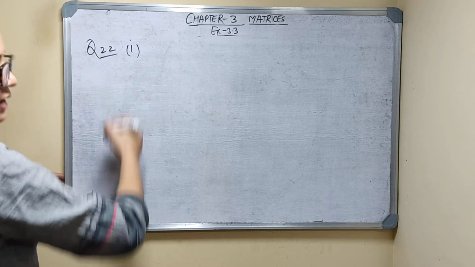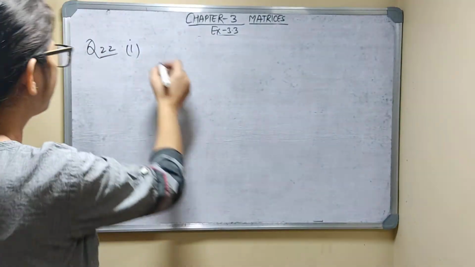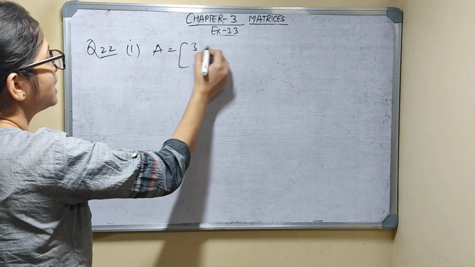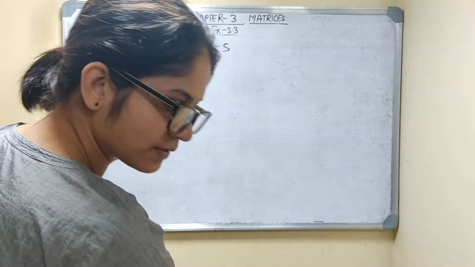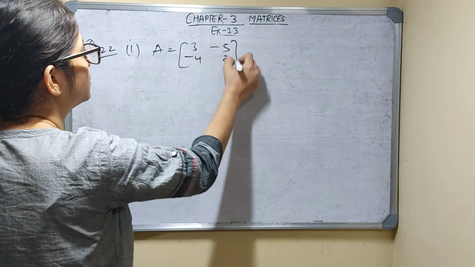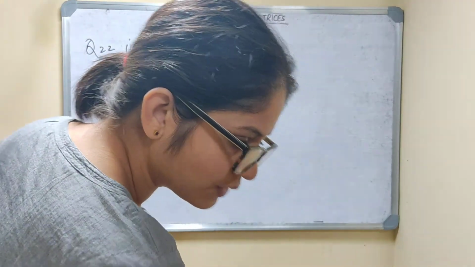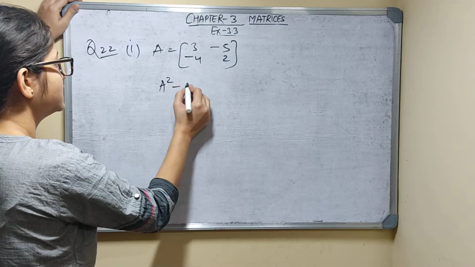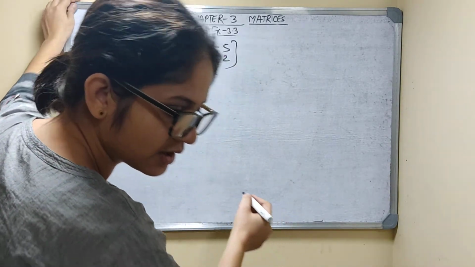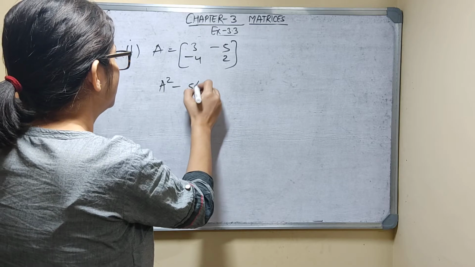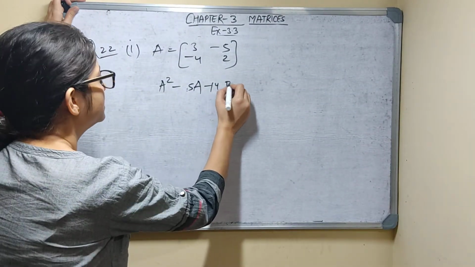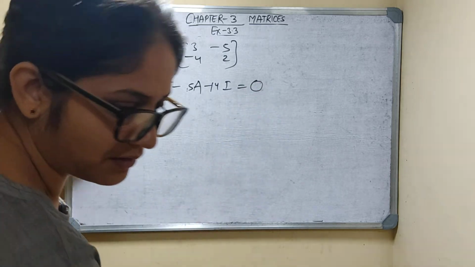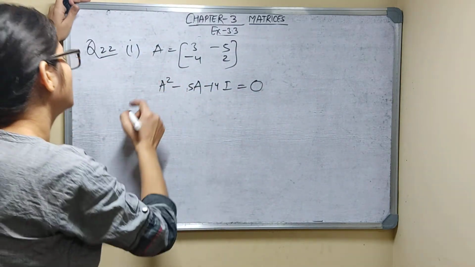I'll do the first part. A is given as [3, -5; -4, 2]. Show that A squared minus 5A minus 14I is equal to O, that is the null matrix. Let's start with A squared.